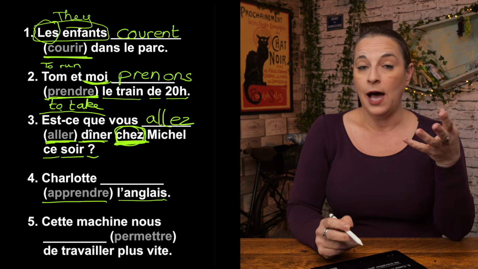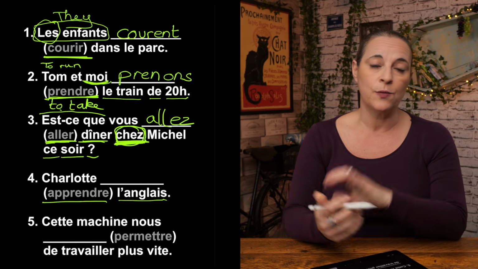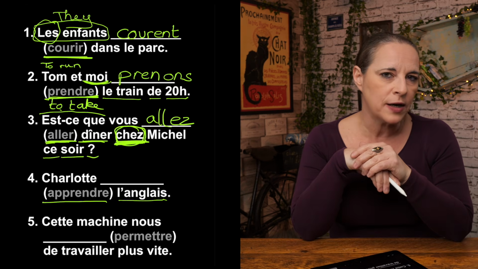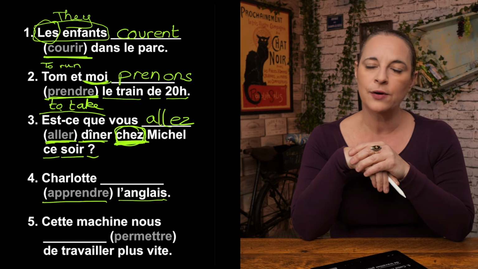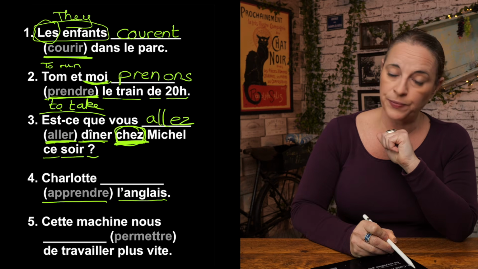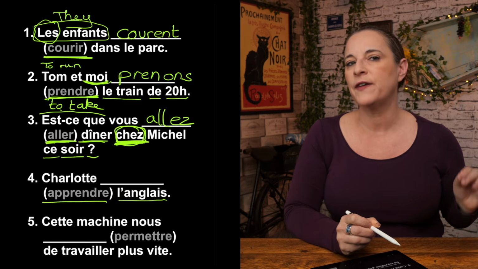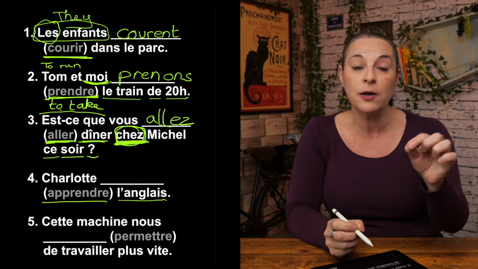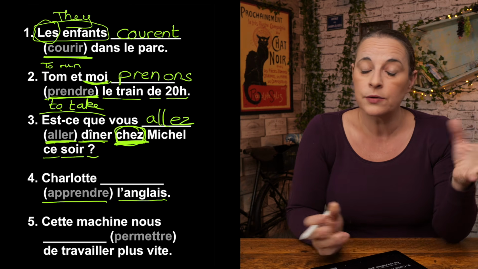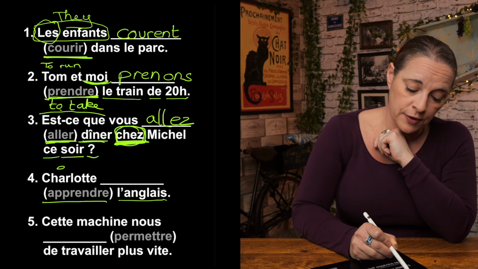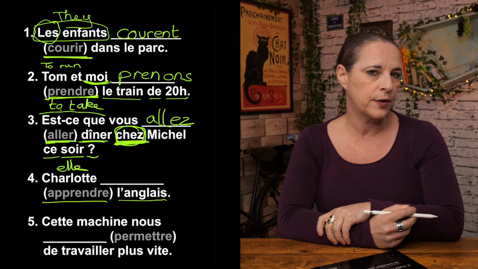The ending for apprendre, okay, belongs to one of these endings that I'm showing you here on the screen, okay? But how do you think this one ends for Charlotte? Identify the subject pronoun first. Only when you have identified the subject pronoun will you be able to get the right ending. So, for Charlotte, the subject pronoun is elle, okay?